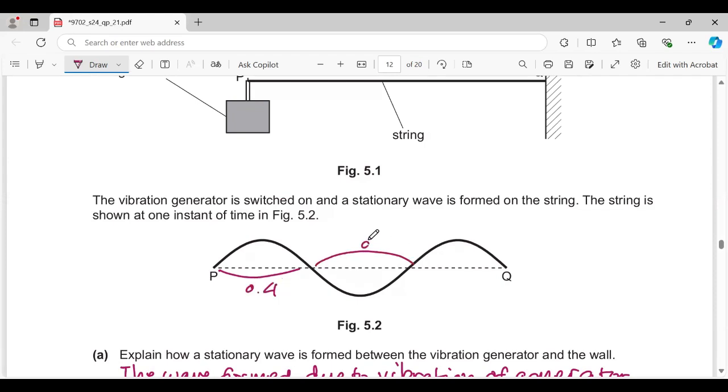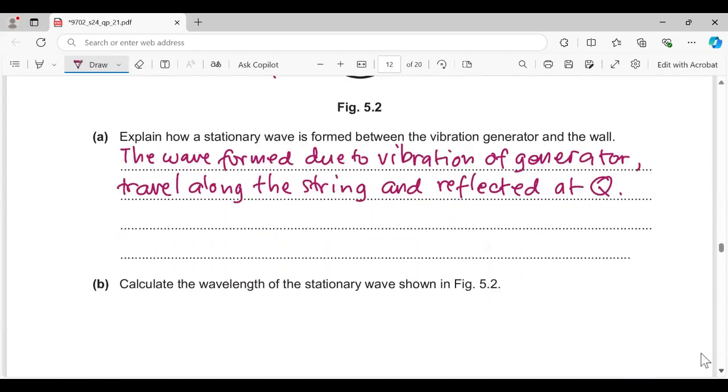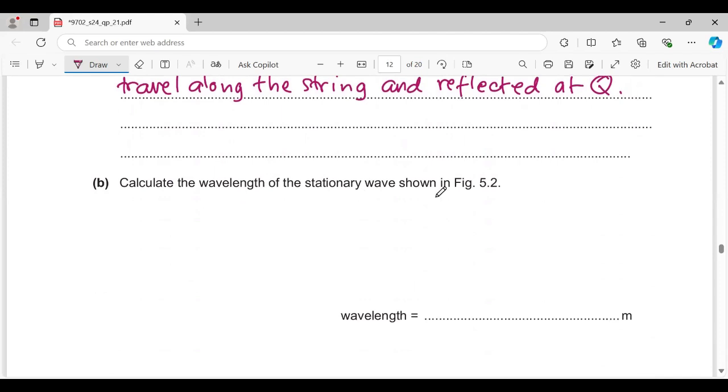This distance is 0.4, and then 0.4. So the wavelength equals 0.8 meters, because 0.4 plus 0.4.